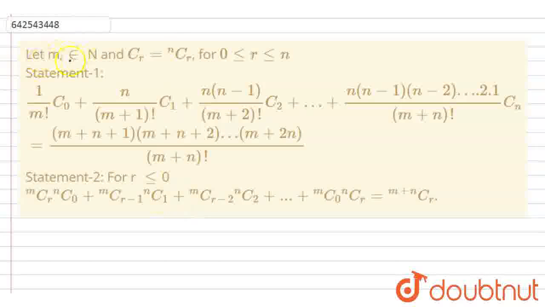Hello students, today's question is: let M belong to N and CR equal to NCR, where r is less than or equal to n and greater than or equal to 0.